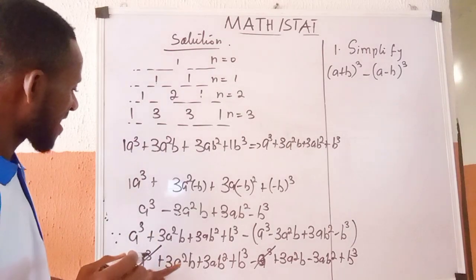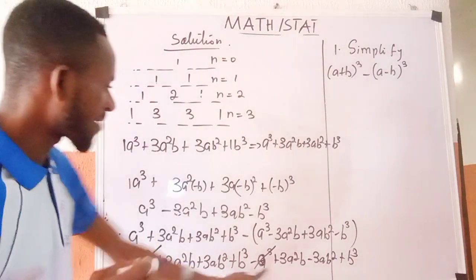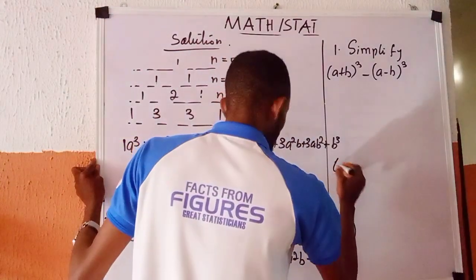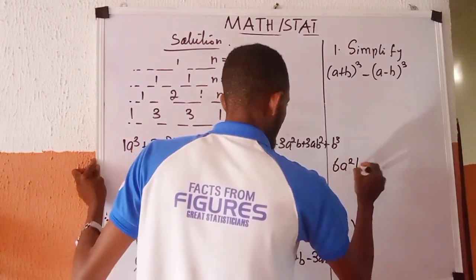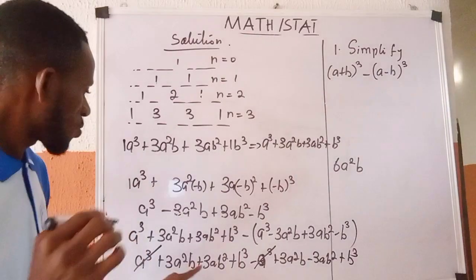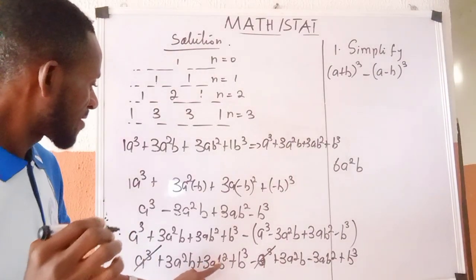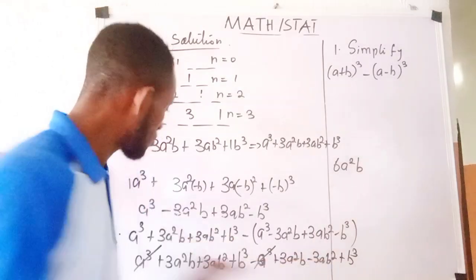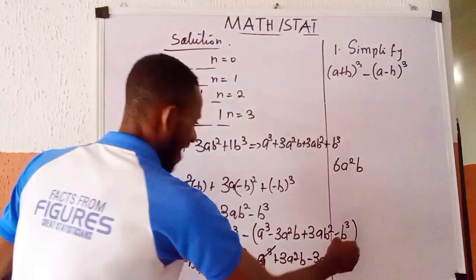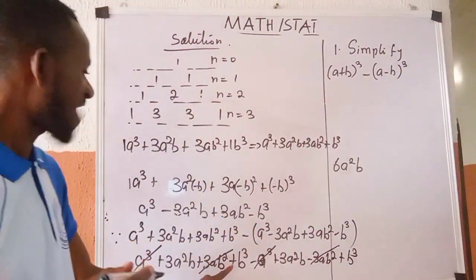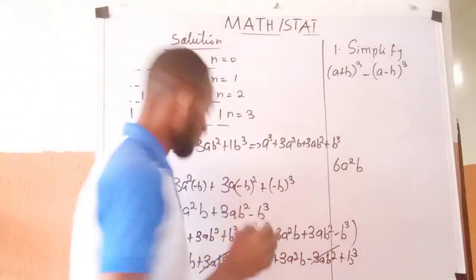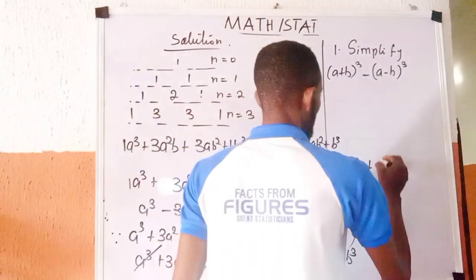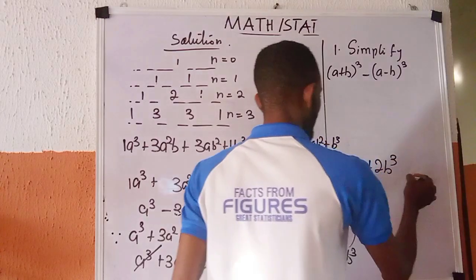You have 3A squared B here and plus 3A squared B, so all of them will give you 6A squared B. You have plus 3AB squared here and minus 3AB squared here, so this and this will go. And you have plus B raised to power 3 and plus B raised to power 3, so you have plus 2B raised to power 3.